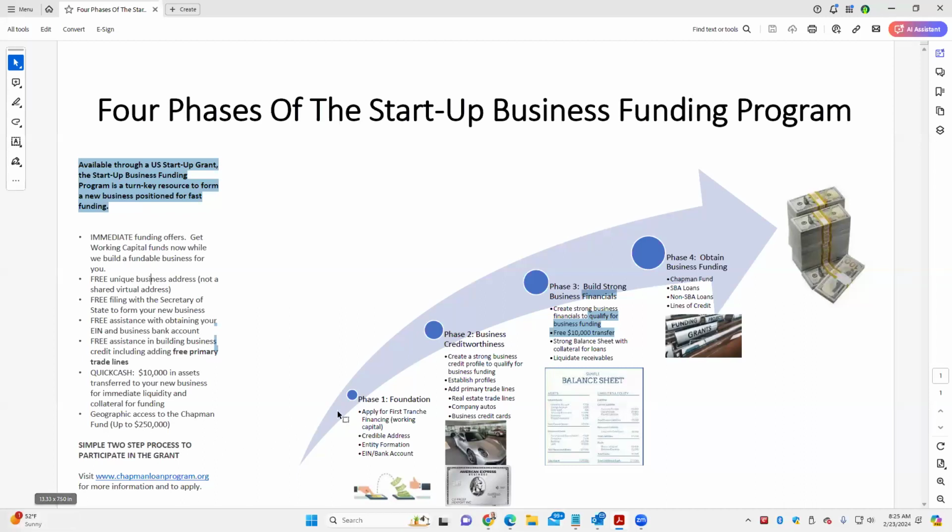So let's say that Jenny enrolls Rosalind, and Rosalind's first tranche is $10,000. Well, if Jenny's performance fee is 10%, then Jenny gets paid another $1,000 off of Rosalind's first tranche, right? So what's great is it's like being a realtor.